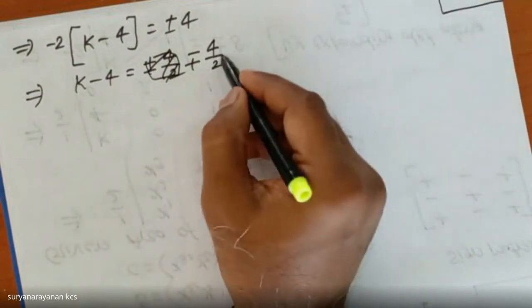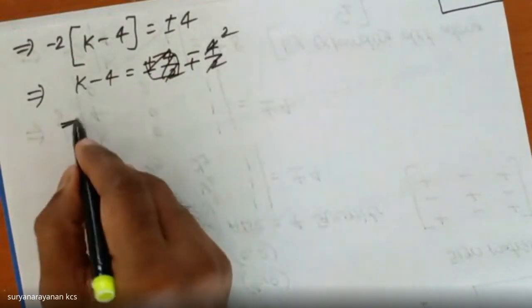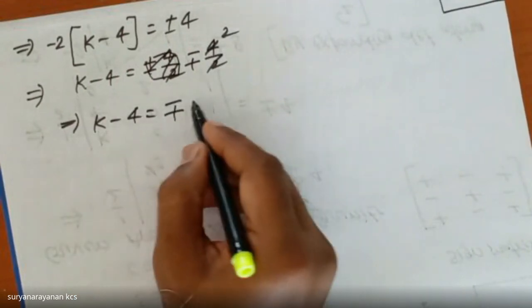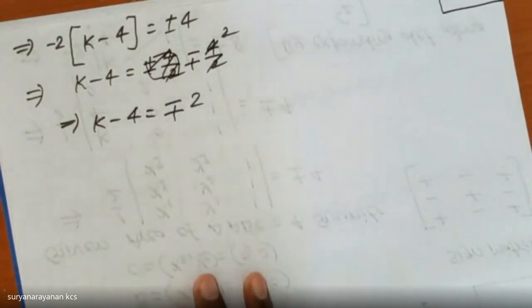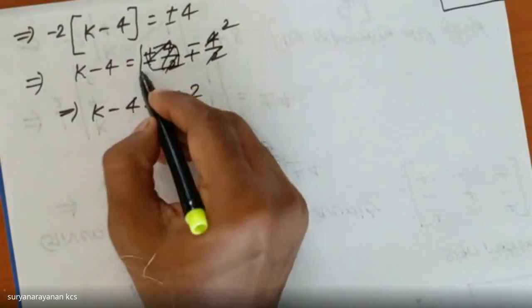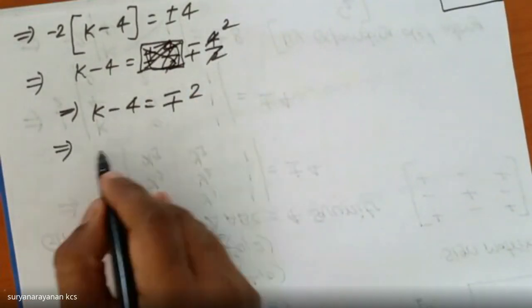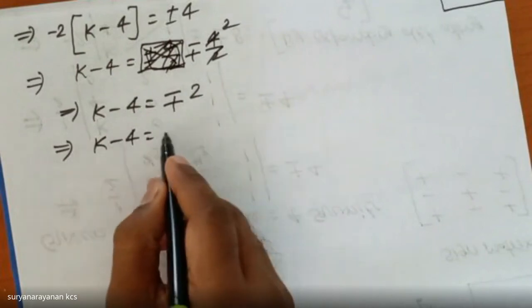So k minus 4 is equal to plus or minus 2. This implies k minus 4 is equal to minus 2.